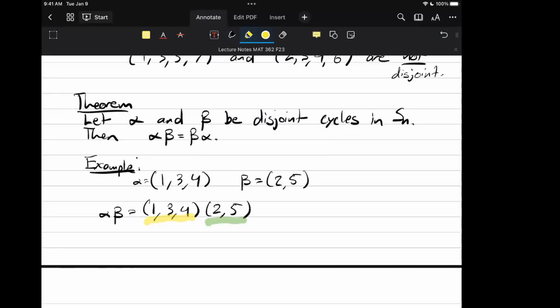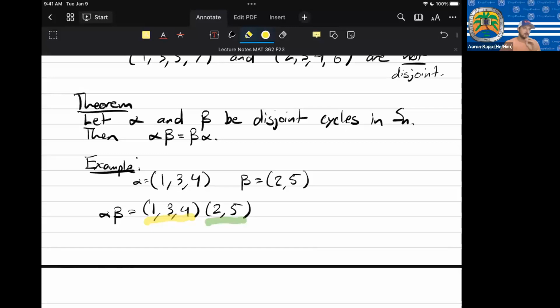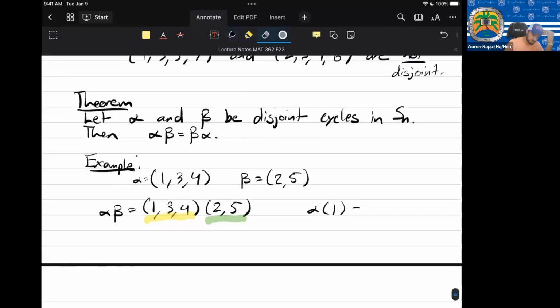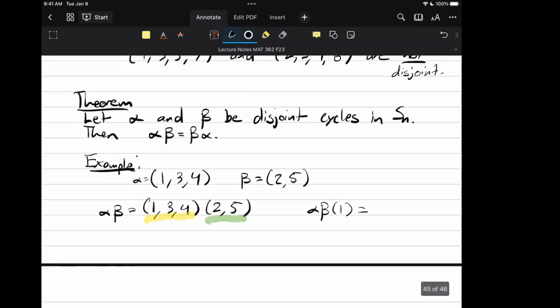No. Right? 1 just gets passed through the green cycle, gets sent on to the yellow cycle, and the yellow cycle will do something with it, right? What would be alpha beta of 1? 3. Yeah, it'll turn it to 3.